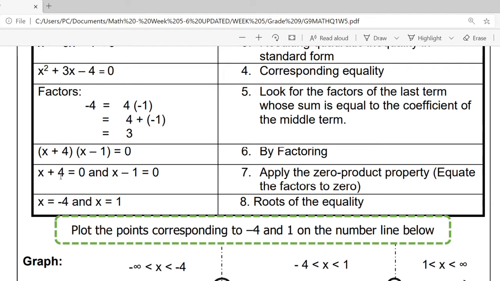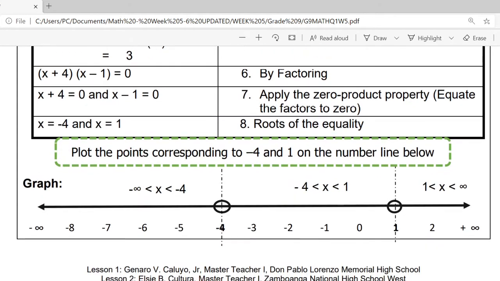So that is x plus 4 equals 0 and x minus 1 equals 0. Then solving or simplifying, the roots are -4 and +1. So these are the roots of the equation.